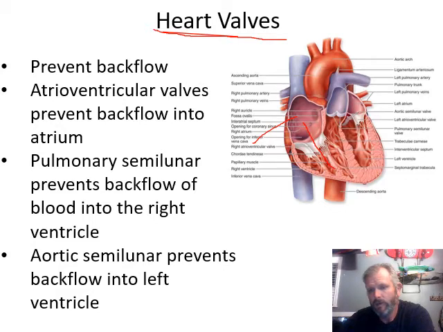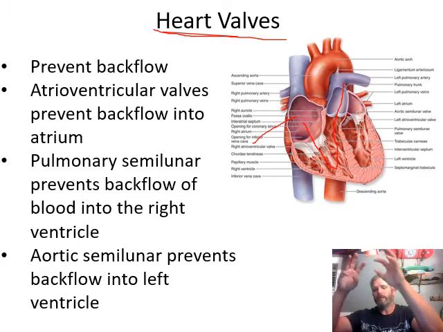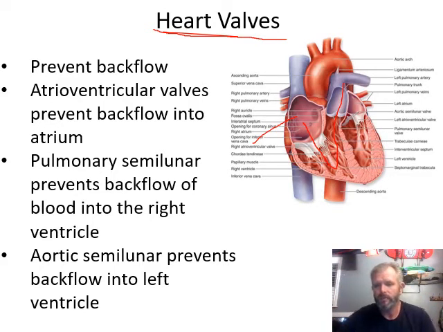And if you remember, the right ventricle pumps blood up to the pulmonary trunk, out to the pulmonary arteries, and back up to the lungs. We get the oxygen, and now the blood returns back to the heart at the left atrium. The left atrium pumps into the left ventricle, and then the left ventricle pumps out into the aorta.